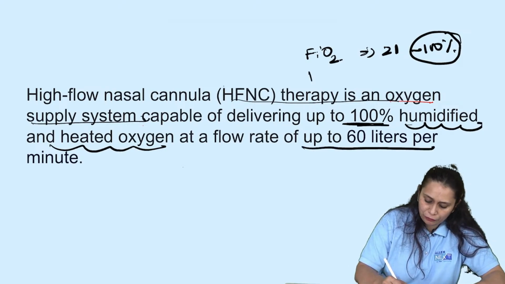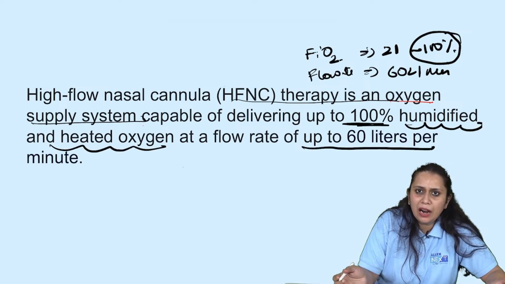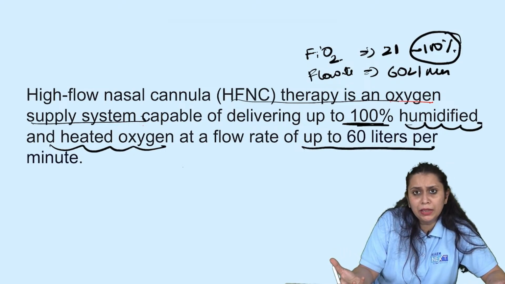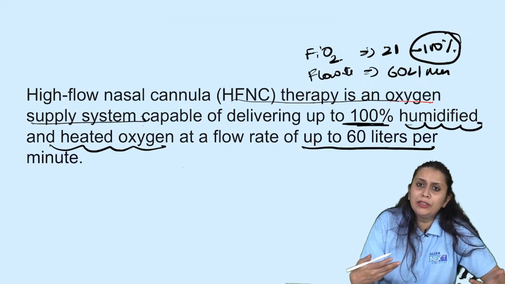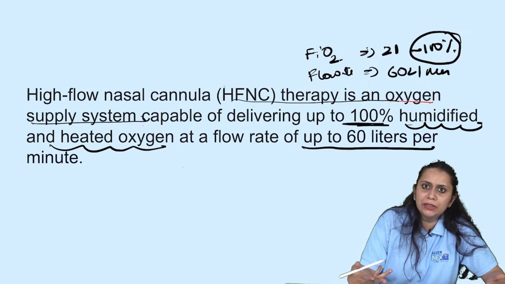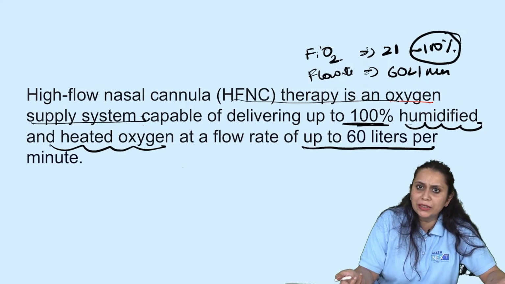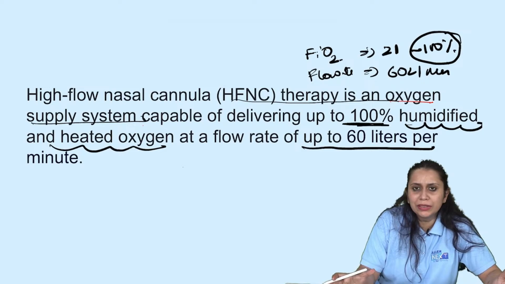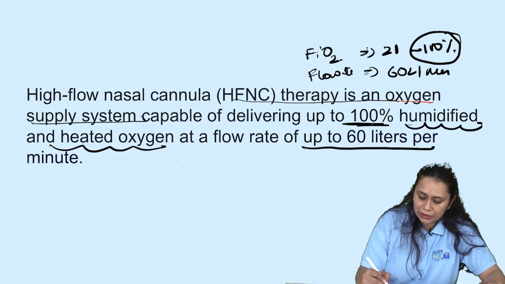We can start with 10 liter per minute, or even 5 liter per minute in this device. Definitely we will always keep it above 10 liter when we put this device, because otherwise we will use low flow devices. So we start with 10-15 liter per minute and we can go maximum to 60 liter per minute.